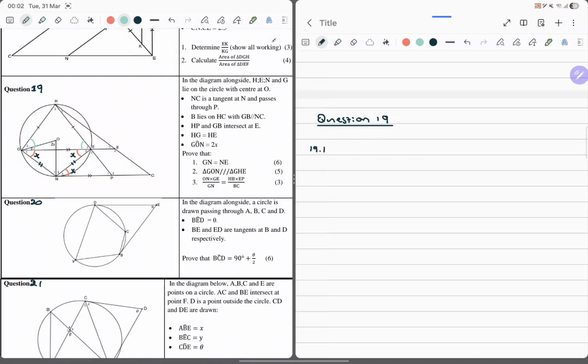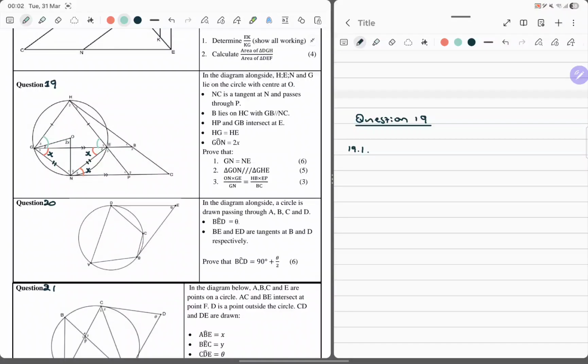So we're going to have 19.1. Right, now what are we supposed to prove? That GN is equal to NE. So we already did it from our analysis. So the first thing that we're going to say is that, how do we start?